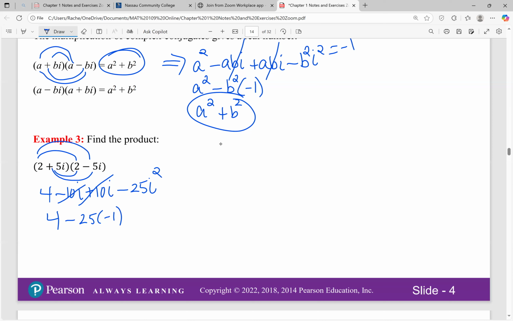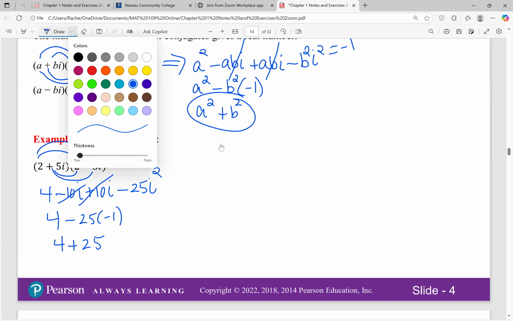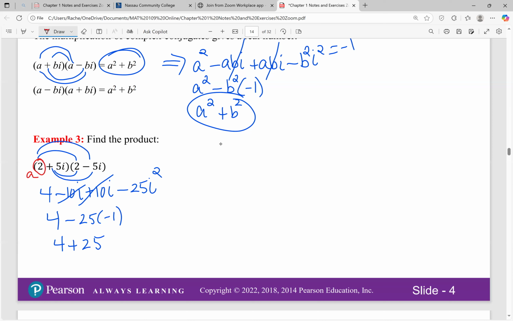And 4 minus 25 times negative 1 is really 4 plus 25. And there's my a squared plus b squared, right? Think of the a as the 2 and the b as the 5, right? So we get 2 squared is 4, b squared or 5 squared is 25.